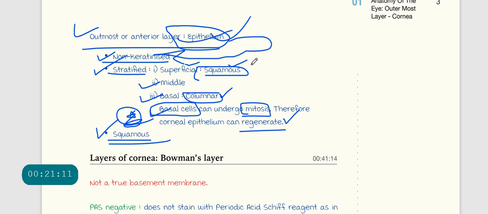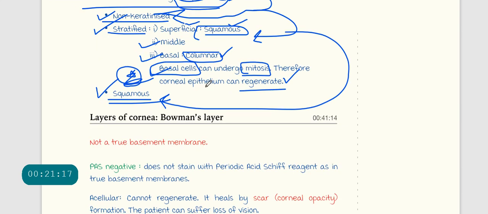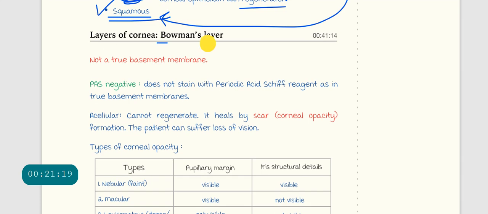Bowman's layer is not a true basement membrane. We expect a basement membrane down the epithelium, as we see in the blood vessels, but here there is no true basement membrane. This could be an MCQ.